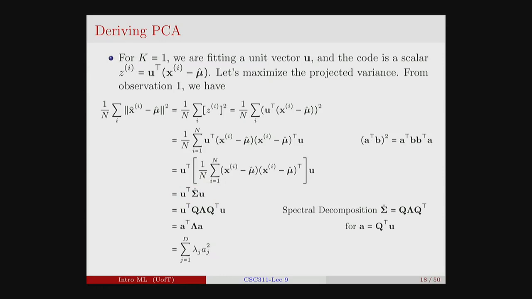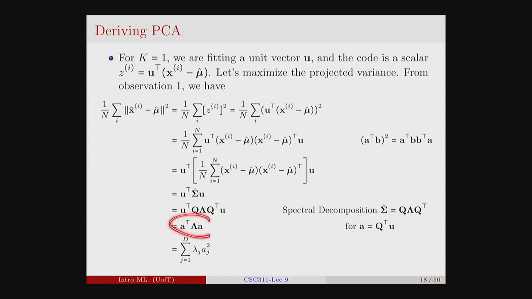Next, I know that covariance matrices are symmetric and positive semi-definite, which means I can use the spectral decomposition theorem to substitute that as u transpose Q lambda Q transpose u. Then I'm going to define my vector a as Q transpose u.